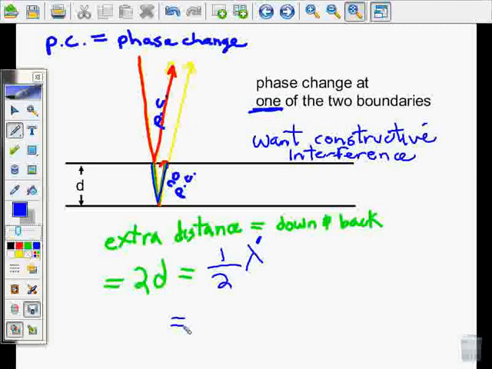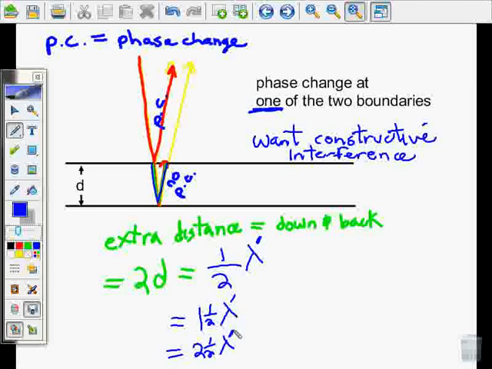For constructive. 1 1/2, or 2 1/2 wavelengths. Why the half this time? Dave? What's happening this time that didn't happen before? Phase change on one of the surfaces.